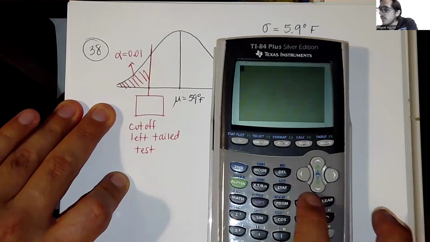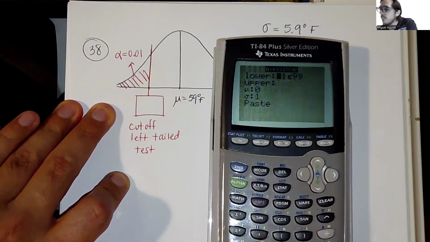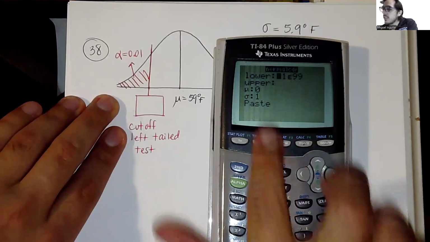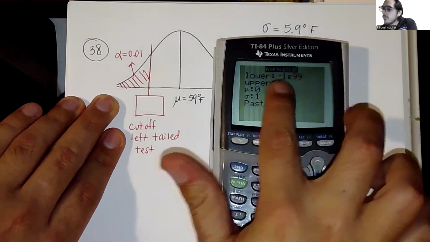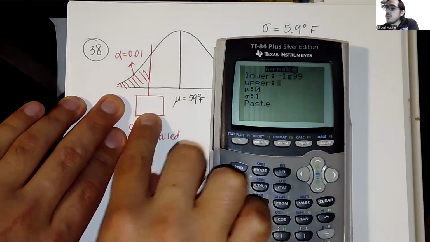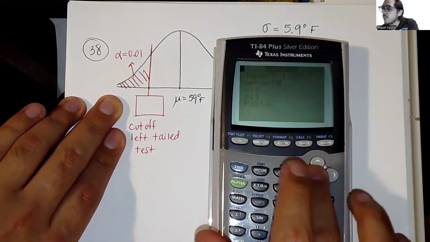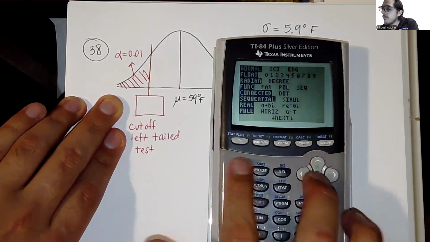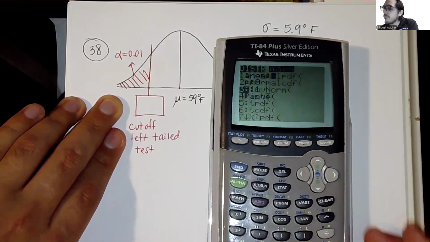Then we can type into our calculator second distribution, normal CDF. Our lower is going to be -1 E99. Our upper is going to be, actually we need to find this value, so that's not the function we need to use. We need to use inverse norm.